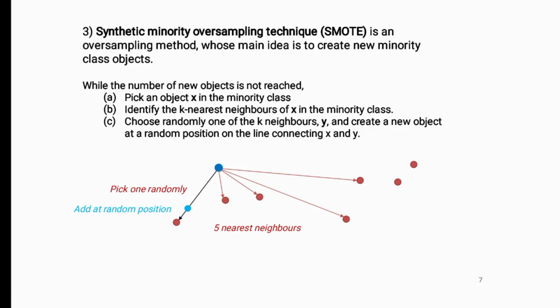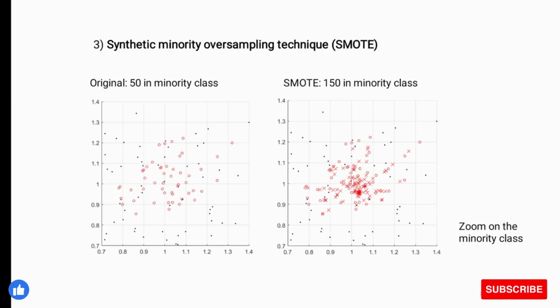Okay, so let's look at what this would actually produce in the same way we did for the oversampling and the undersampling. So my original data, I've got 150 black points and I've got 50 red circles. That's my minority class. I'm going to now use SMOTE to generate 100 synthetic new points. Has the red suddenly vastly shifted where it is in the graph? No. It's become more dense.